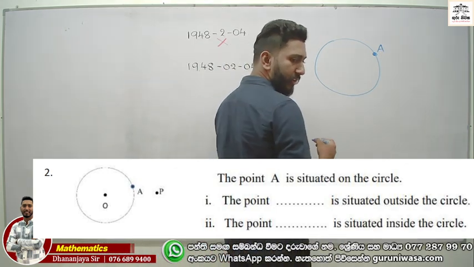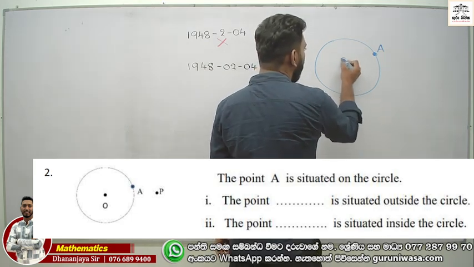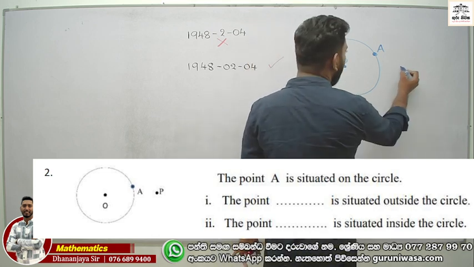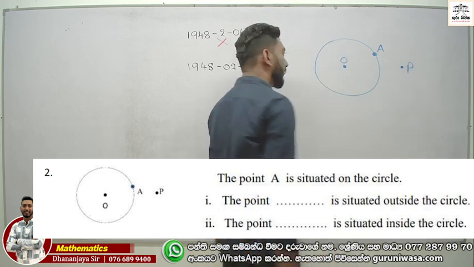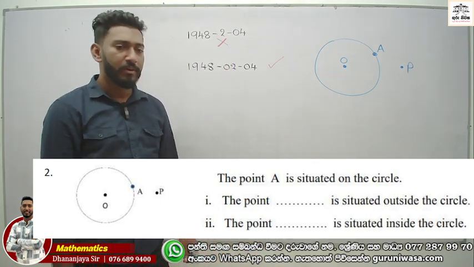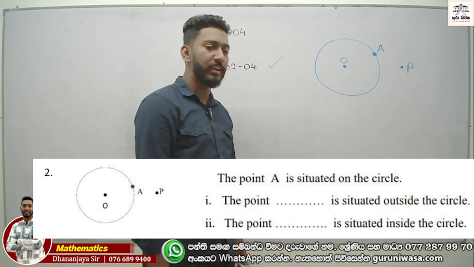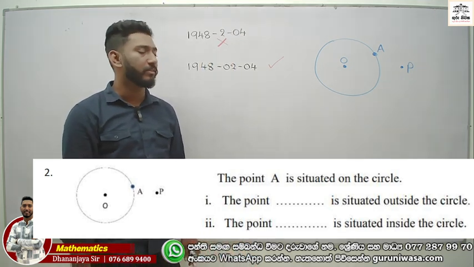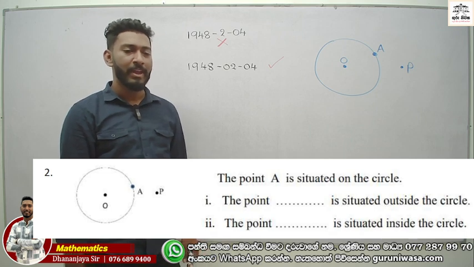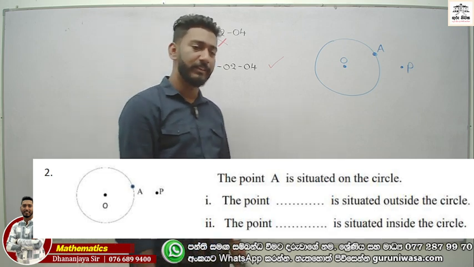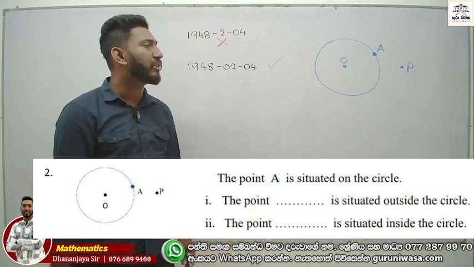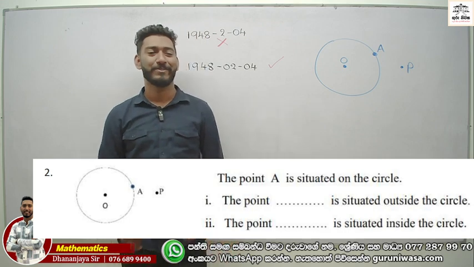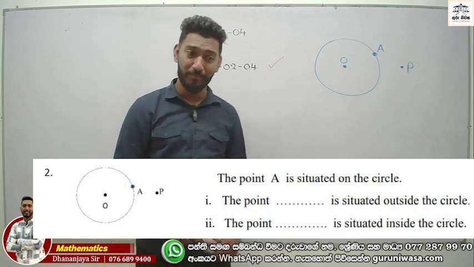And the point O is inside of the circle, and P is outside of the circle. The point blank space is situated outside the circle. What is the answer? The point P. Well done. And the second one, the point situated inside the circle is the point O. Those are the easy questions, right?